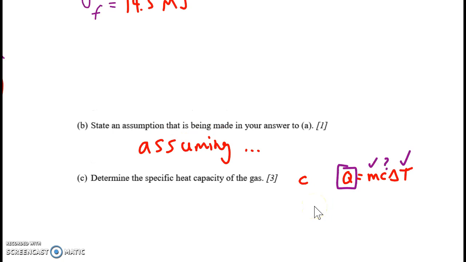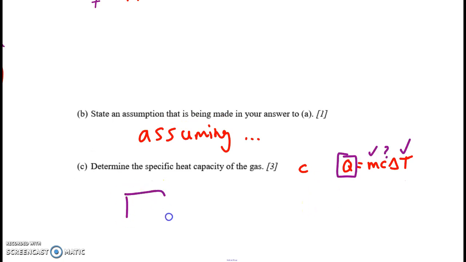Well, wait a second. You've got this gas in a box, and the molecules are in there. And you're adding heat from the heater to warm it up, and the internal energy rises as a result.